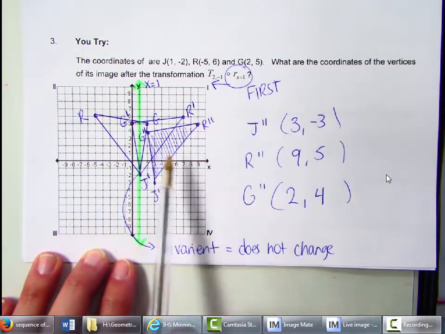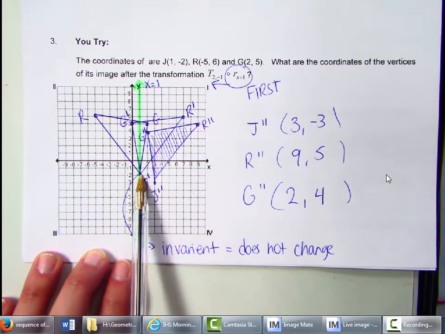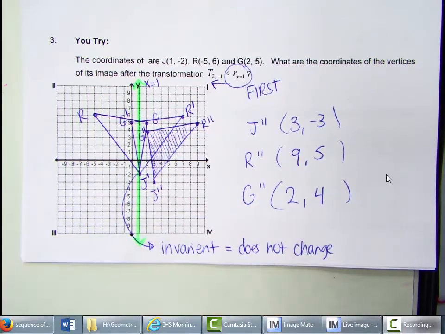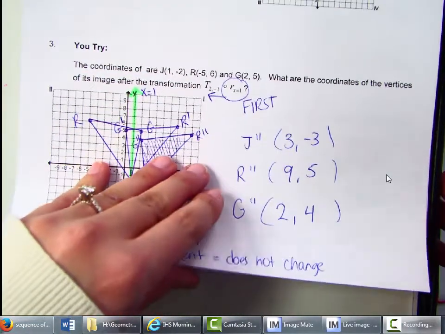So when you did the reflection, J and J prime did not change. When you did the translation, it moved over. But just a little side note, if a point lies on the line of reflection, then it's invariant. Okay, at this time, I'd like you to pause the video again, and the back page of this lesson is just practice.